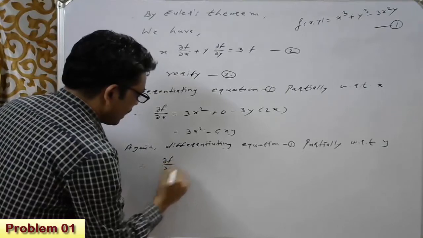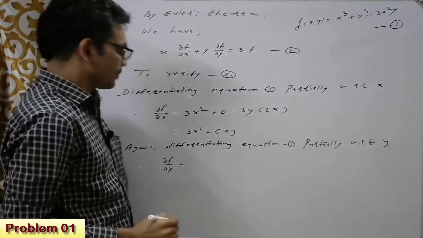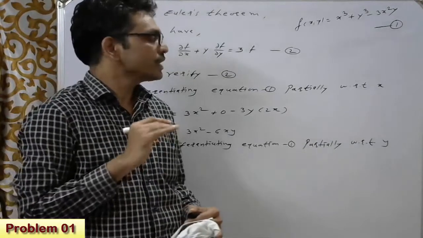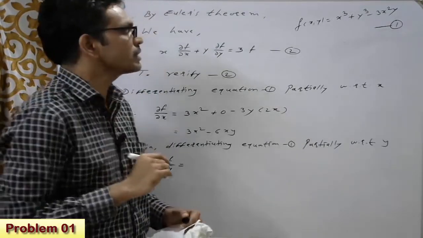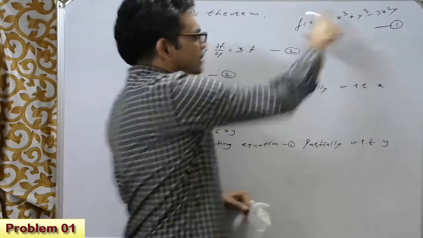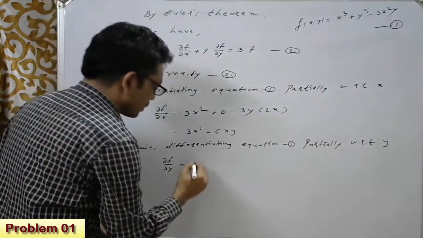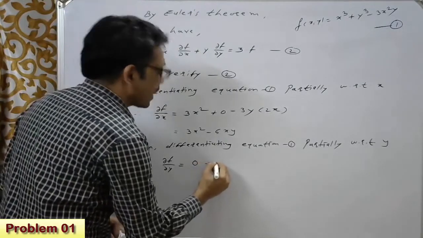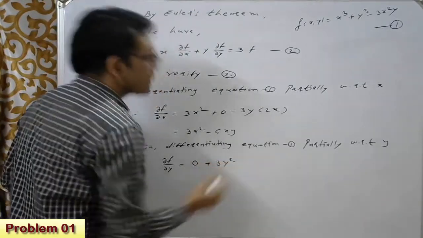del f by del y is equal to, now differentiating equation 1 partially with respect to y, treating x as constant. Therefore, first the derivative of the constant term, that is x cube, is 0, plus the derivative of y cube is 3y square.